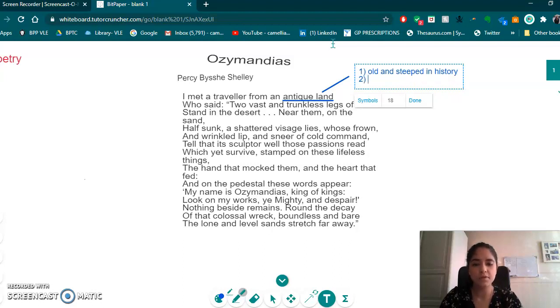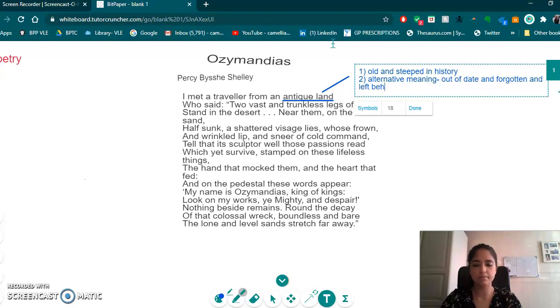So, two, the alternative meaning could be, by antique land, Shelley means that land is out of date and forgotten and left behind. So there you have two meanings.